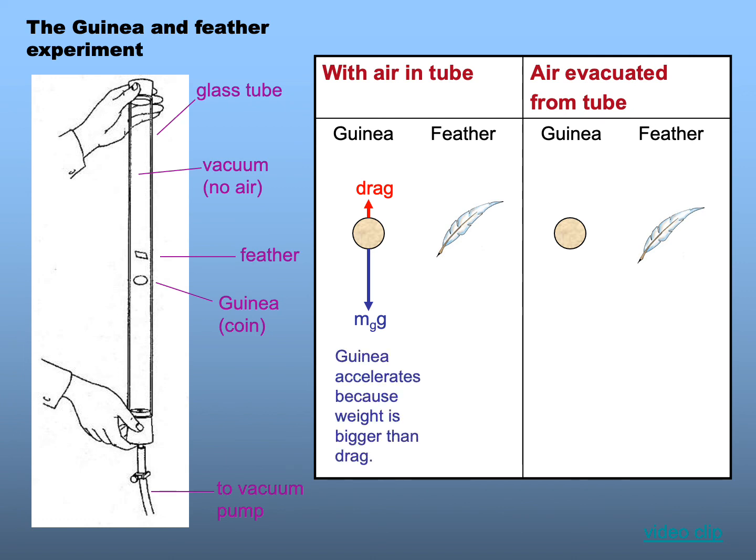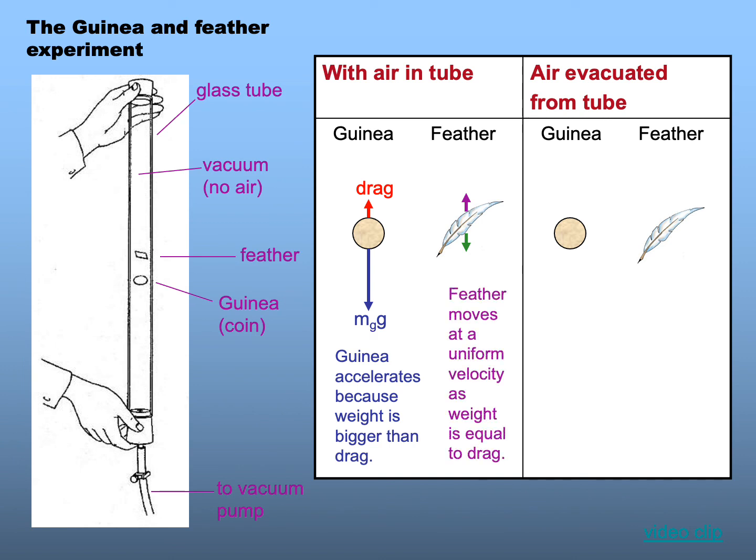If we now consider the feather, the feather is very light, so it does have a weight, but it's quite a small weight force. That's the green arrow shown. It also experiences drag. Now its drag force is broadly similar to the drag force of the guinea because they're about the same size. The big difference is the tiny drag force that the feather feels is about the same as its tiny weight, so its forces balance.